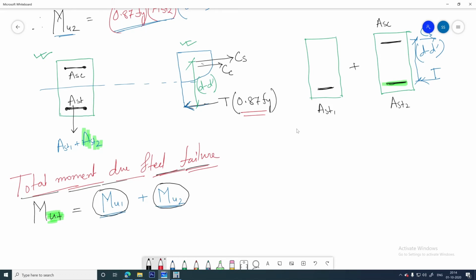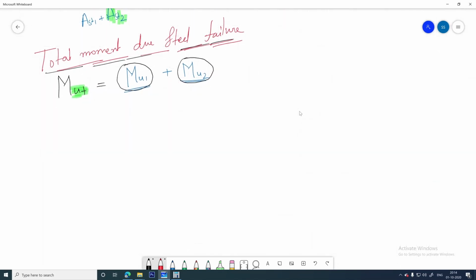Actually we basically need to determine two things. First one is this one, that means the total moment due to steel failure, and second one we need to determine the MuC. This is basically the total moment due to the concrete failure. This C represents concrete. Now there you will get two values, two moments.